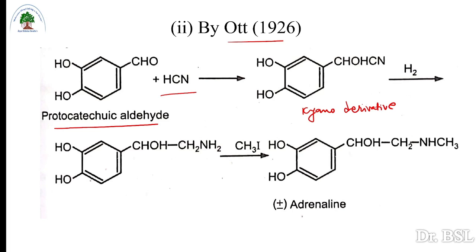This cyano derivative upon reduction gives an amino derivative. What happened? This cyano group has been converted into amino CH2NH2, and this amino derivative further reacts with methyl iodide to give adrenaline as a product.